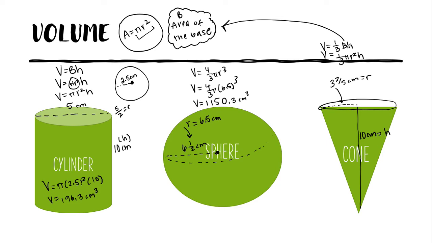You need to know how to make this transition from capital B to pi r squared. 3 2/5, what is that? Well, 2/5 is 0.4, so that's 3.4. All right, so I'm putting that in: volume equals 1/3 pi times 3.4 squared times height of 10.